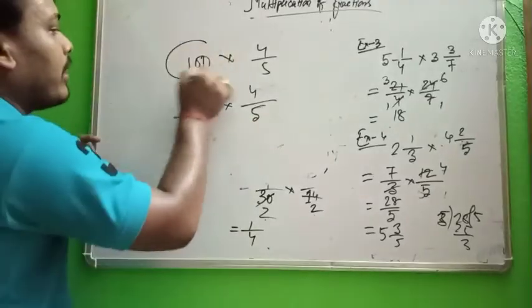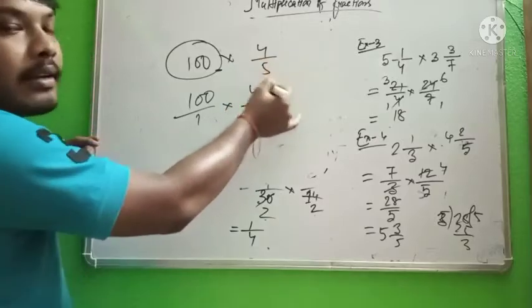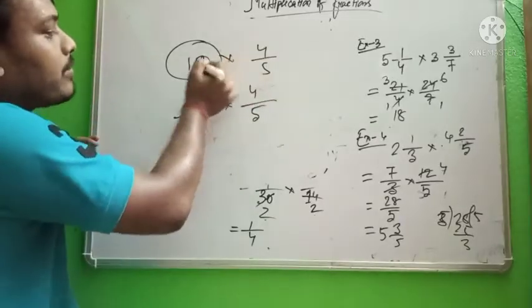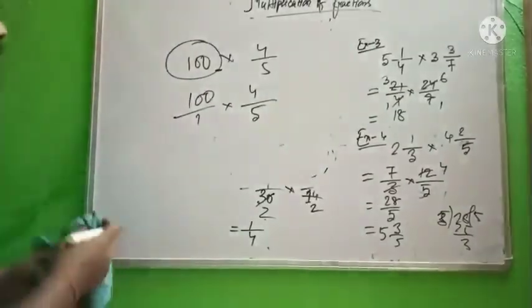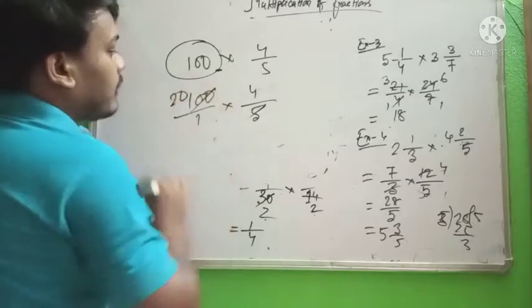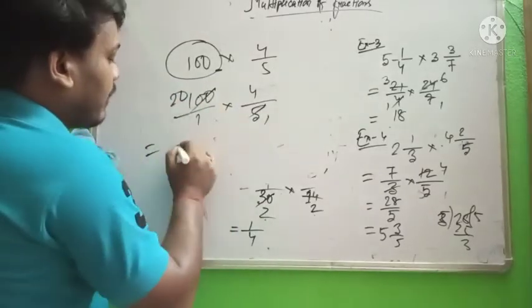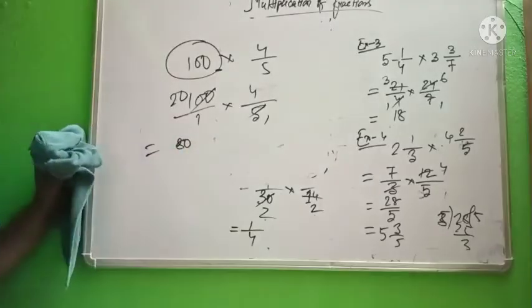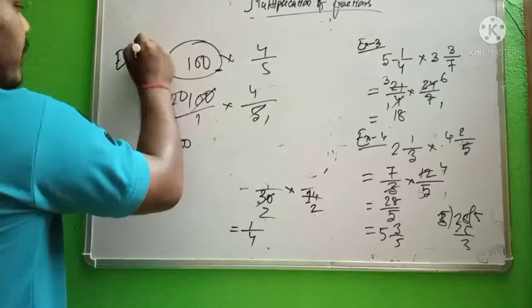This whole number always gets cut by the denominator, and this value will multiply with the numerator. So first we cut. 5 20s are 100. So in numerator 80, denominator 1, and we need not write 1. So this is example 4.